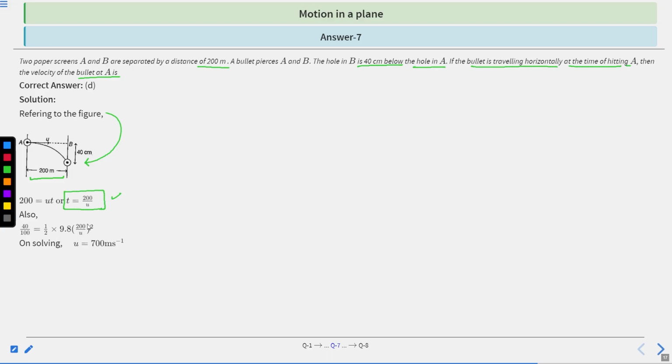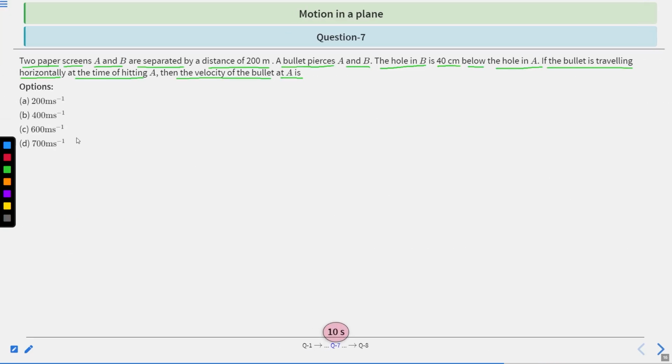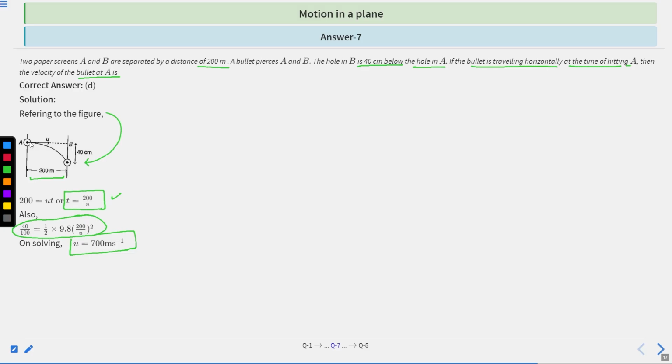On solving these terms, U equals 700 meter per second. Clear? This is the technique to solve the question. Clear? So option D is correct. Clear?